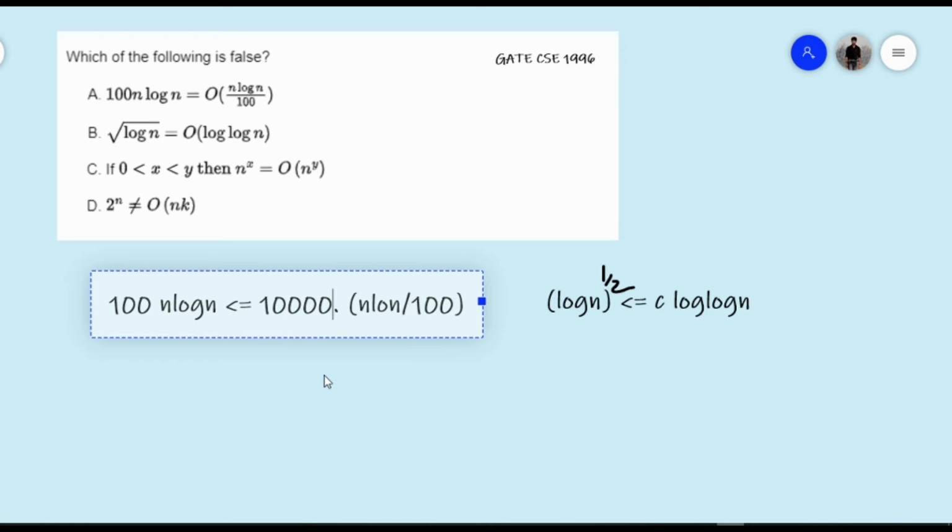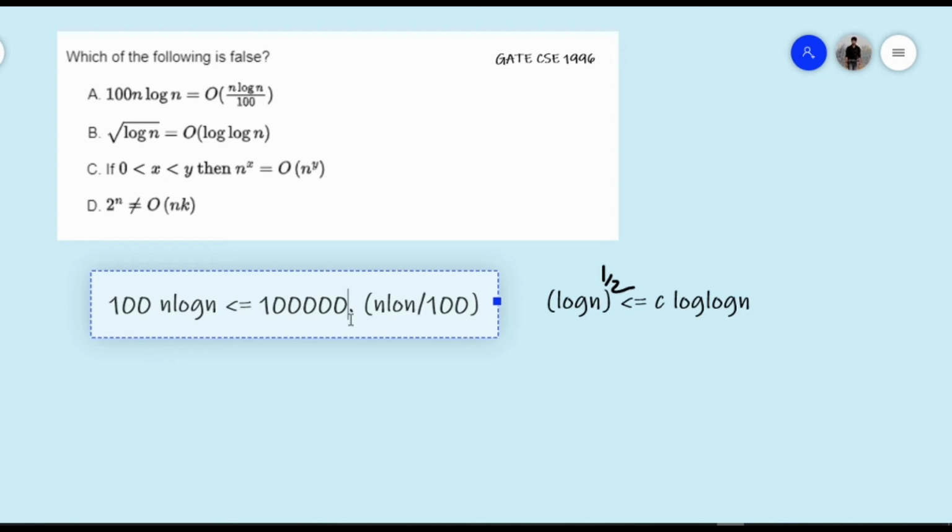Suppose we take one more zero, so this will become 1000 n log n. So this will become greater than this 100 of n log n. And when we take 10,000, in that case this will become 100 n log n.